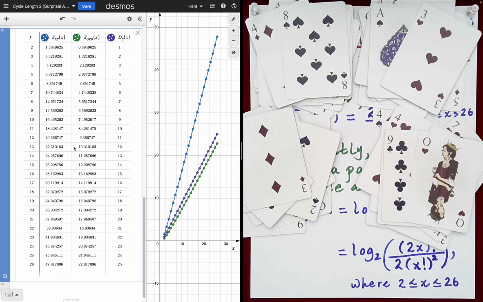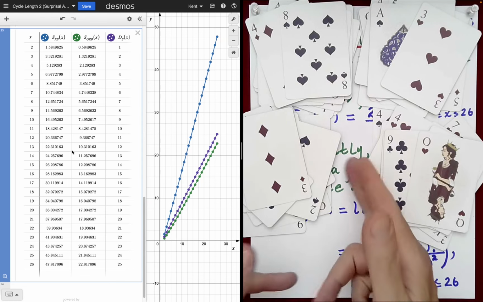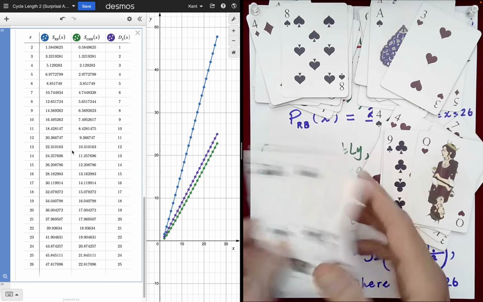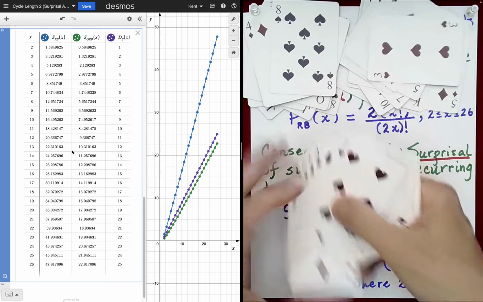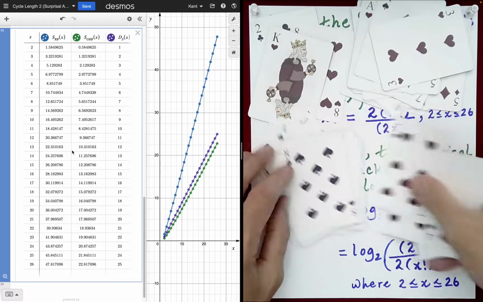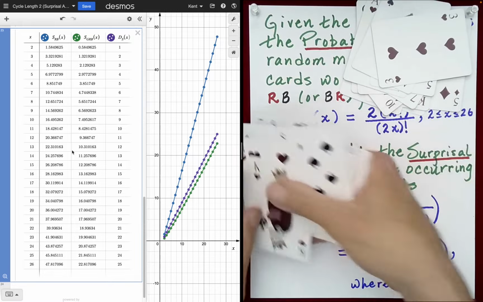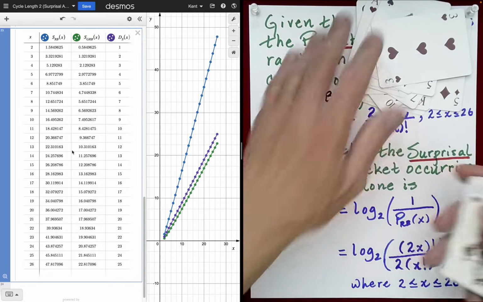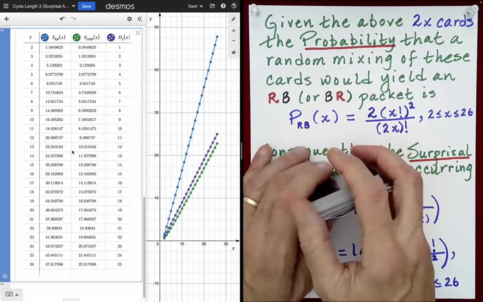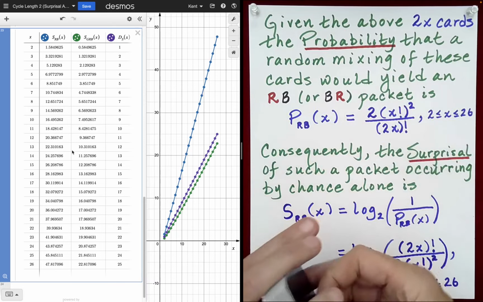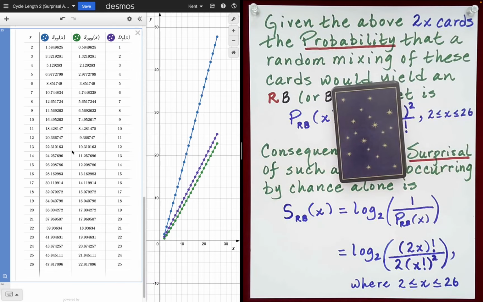So if you would like to create a performance of that level of surprise, 10 bits, which is extremely surprising, what you would need to do is just grab a deck of cards. And so we can quickly just do this to finish up here. And so look off to the left, the X value on the left-hand side of the table that corresponds to a Gilbreath performance having a Surprisal of about 10 bits.